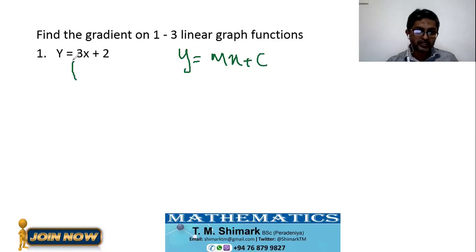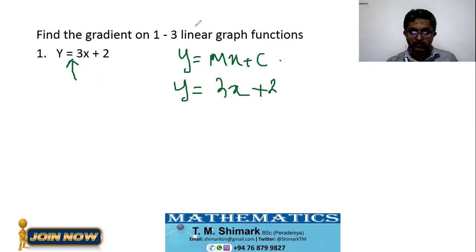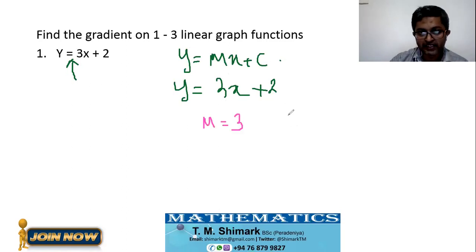Now we can see this equation, y equals 3x plus 2. Is it exactly similar to this one? Yes, exactly similar. So you can see m here becomes 3. So m is 3. C here is 2.